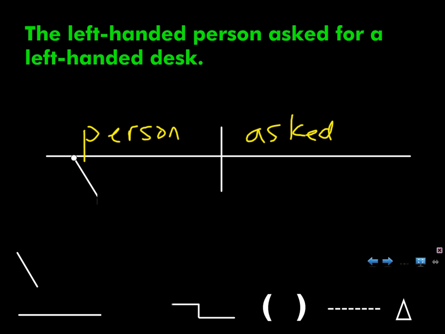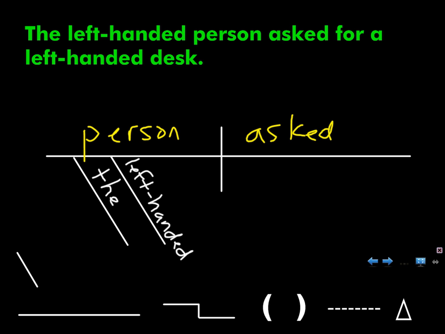The predicate will fall below person like this. And then since left-handed is one word, I will diagram it in one line.